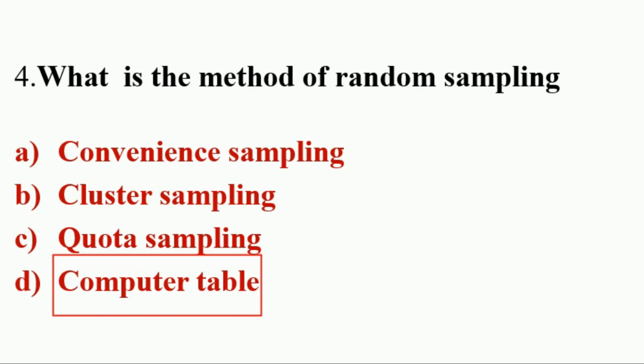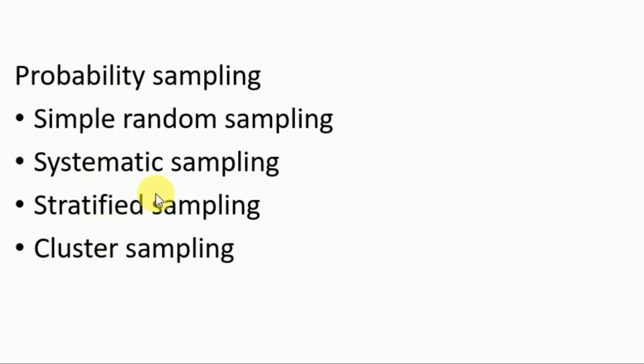And in these options, convenience sampling and quota sampling are examples of non-probability sampling, and cluster sampling is an example of probability sampling. In the part 1 video, I have clearly explained regarding probability sampling. There are two types of sampling, that is probability sampling and non-probability sampling.